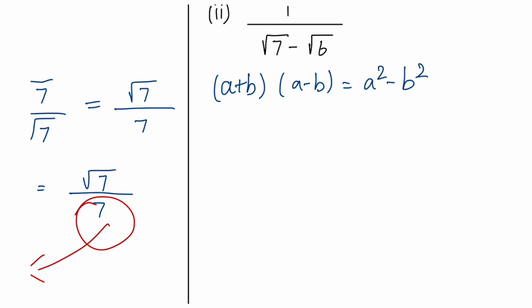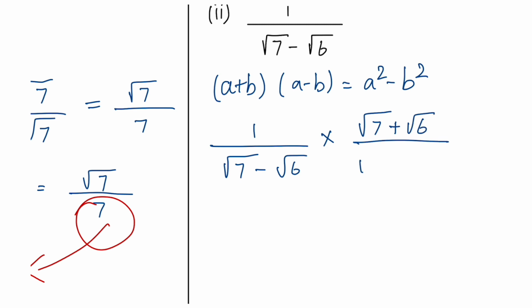Whenever something is of the form of the LHS, you can rewrite it in this form, and hence it gets squared, and hence it would be rationalized. So how are we going to use that here? You are going to take this question, that is 1 over root 7 minus root 6, and multiply it with root 7 plus root 6 divided by root 7 plus root 6.